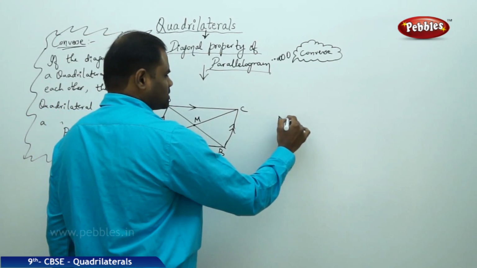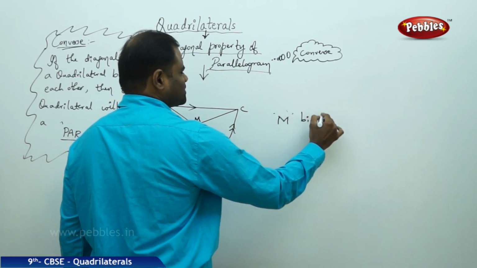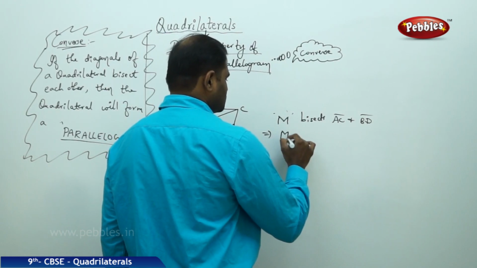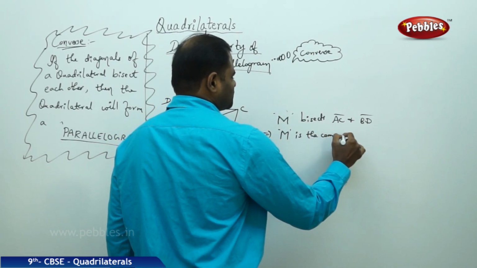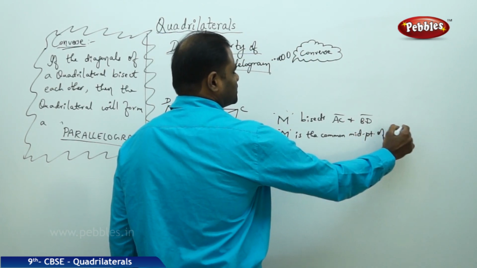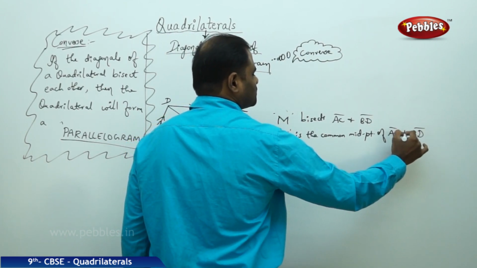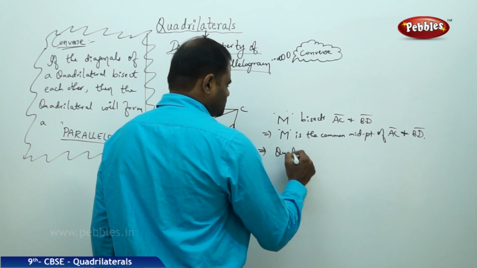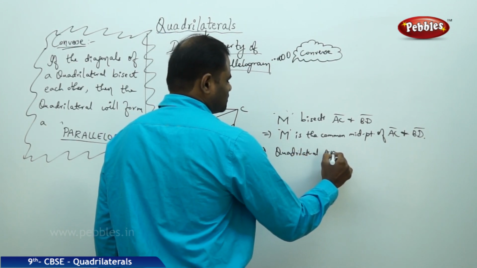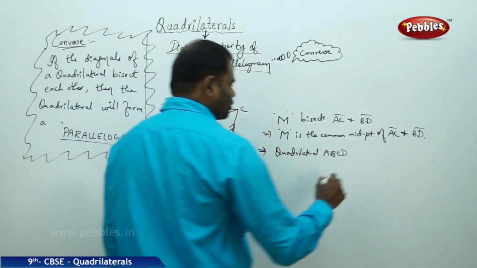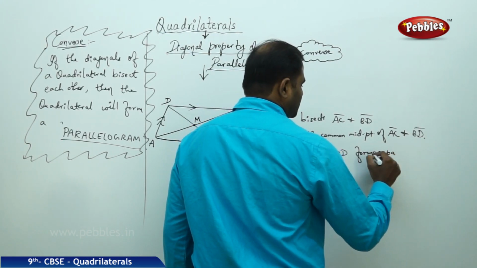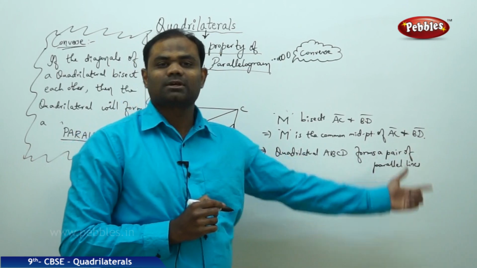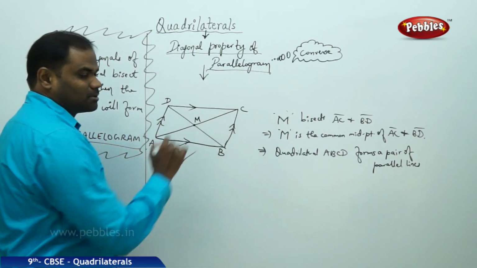Therefore, in this case, M bisects the diagonals AC and BD, which implies M is the common midpoint of the diagonals AC and BD, and that implies quadrilateral ABCD forms a pair of parallel lines, this being parallel to this and this being parallel to this.